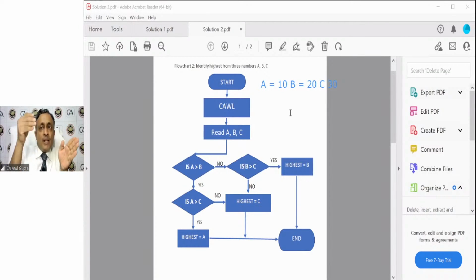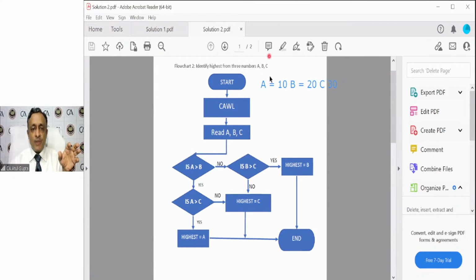A dry run is seeing whether the flowchart is working logically or not. Near each step, I'll write the output of the step. So just see how the arrow is flowing. It flows like this, then it goes here.